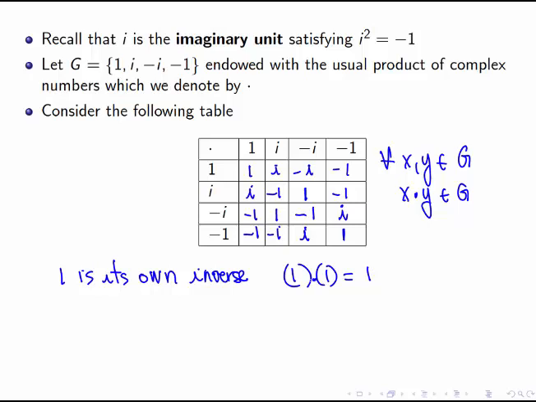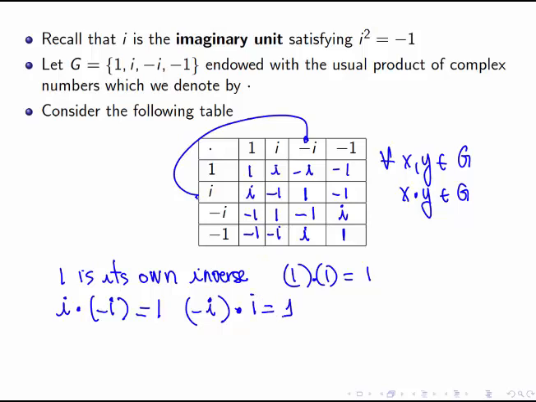What do you multiply by i to get 1? Well, if you look at the table here, look at these two, see that i times -i is 1. And if you look at -i times i, you also see that it is 1. Therefore, the inverse of i is -i.